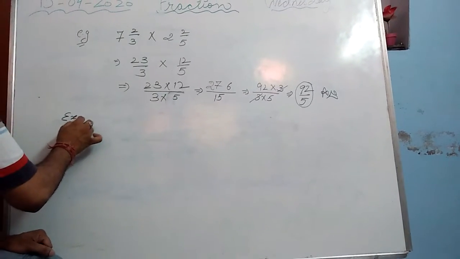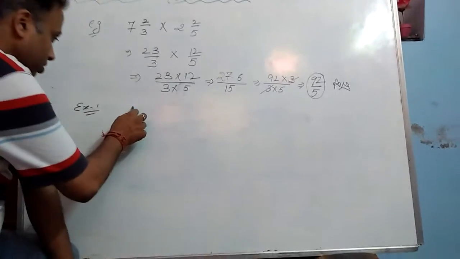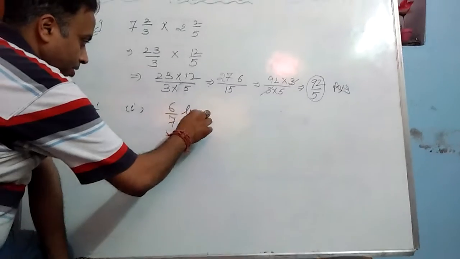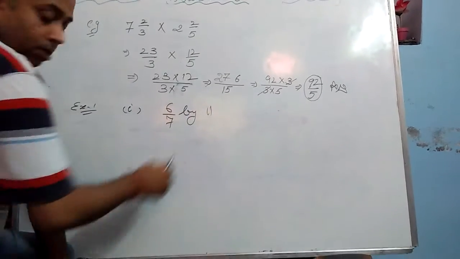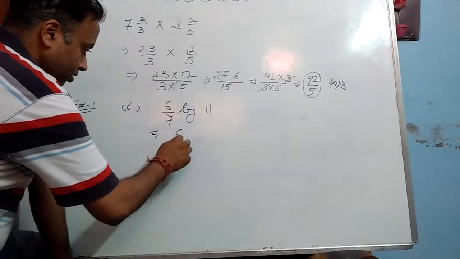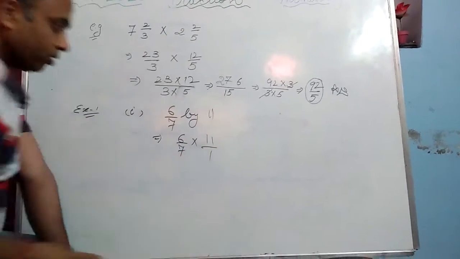Now my first example: my given statement is 6 upon 7 multiply by 11, and find the result of these two fractions. This will be written as 6 upon 7 multiply 11 upon 1.